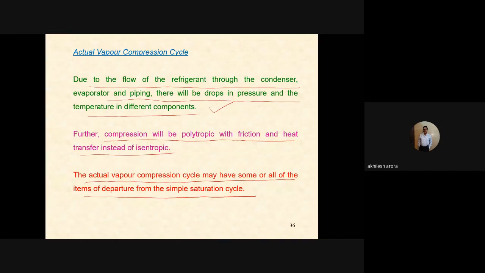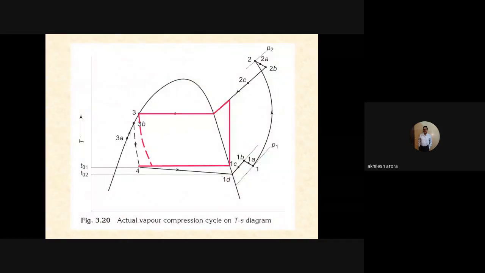So let us proceed further to understand how an actual vapor compression cycle looks like. If you see the red lines, it is a simple saturated vapor compression cycle, and it's really very simple.